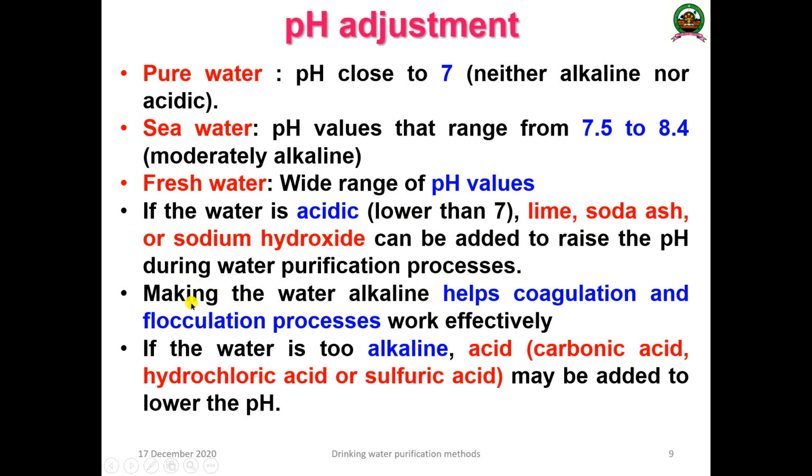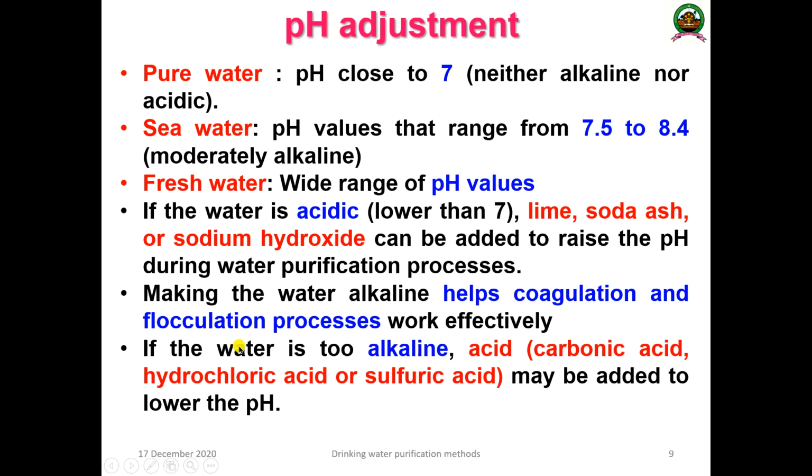When the pH is increased, making the water alkaline, it helps the coagulation and flocculation processes. These are the two important processes in water purification that can then be done very effectively. So if the water is acidic, the pH can be adjusted by adding alkali.